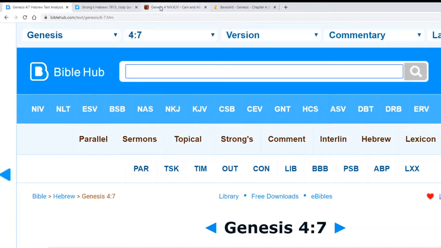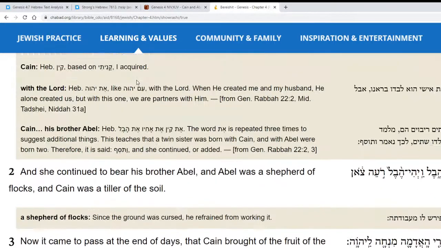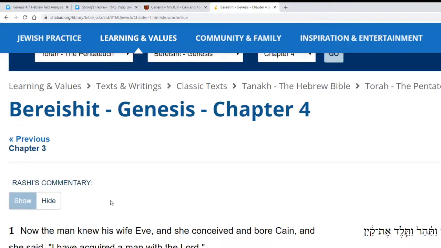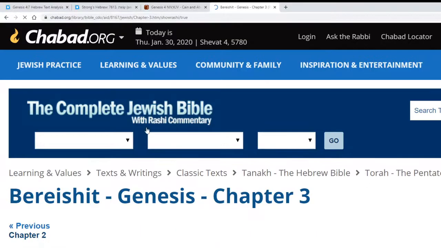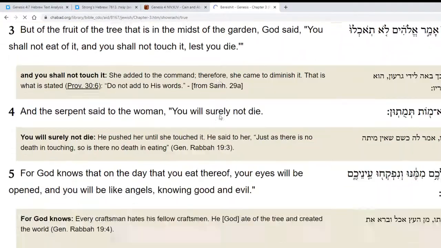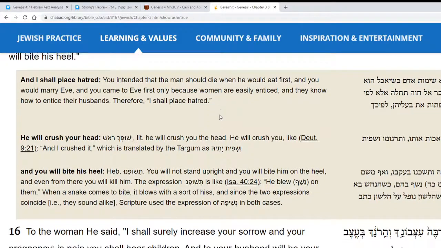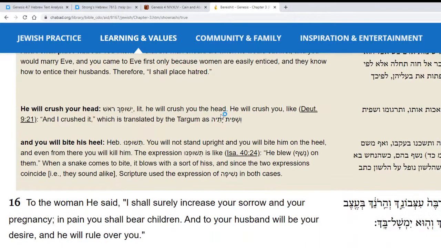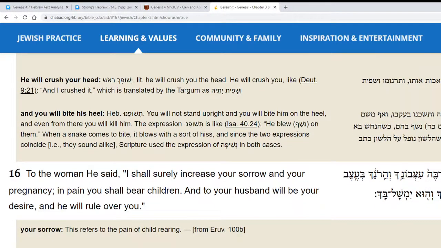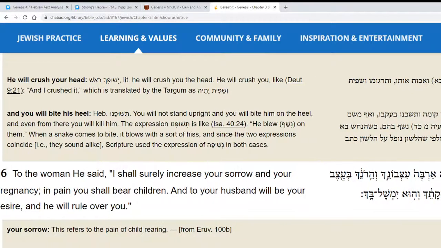Let's actually go back and take a look at that chapter. It's very similar wording, right? God says to Eve, where was that? That's the verse, right? So look at verse 16, 3:16.